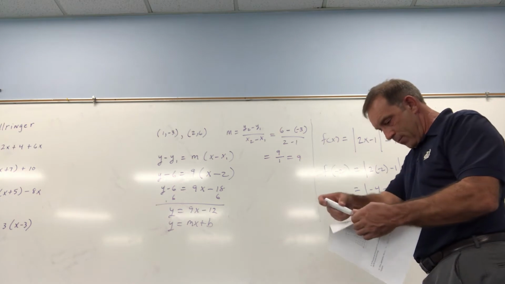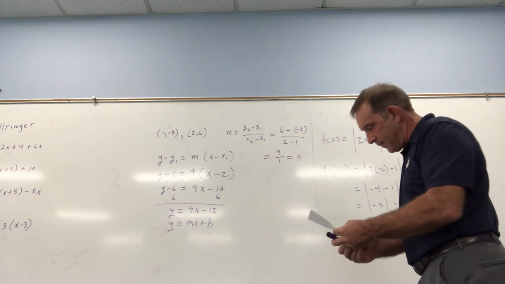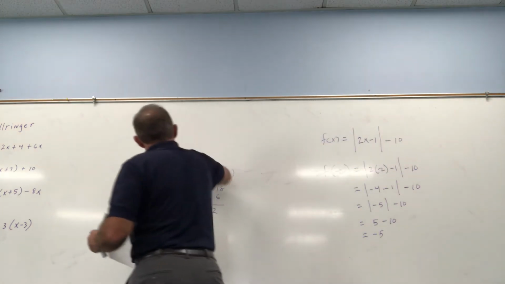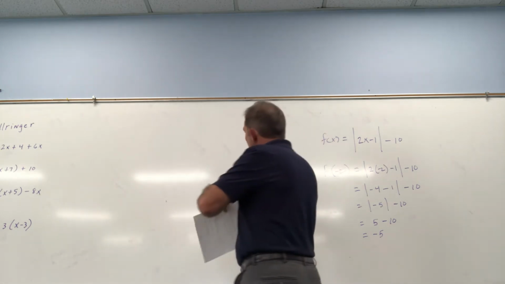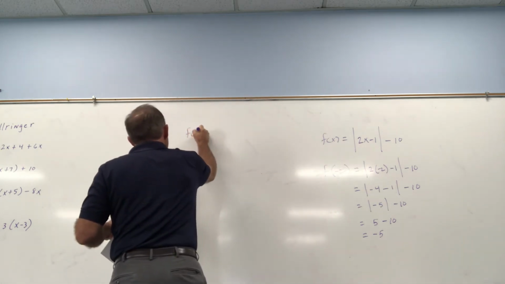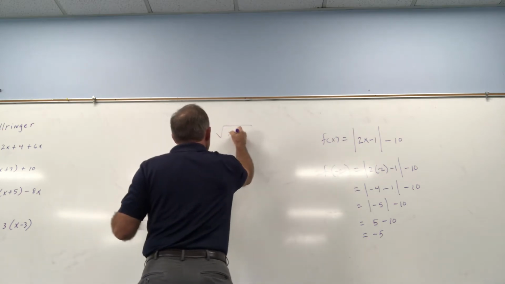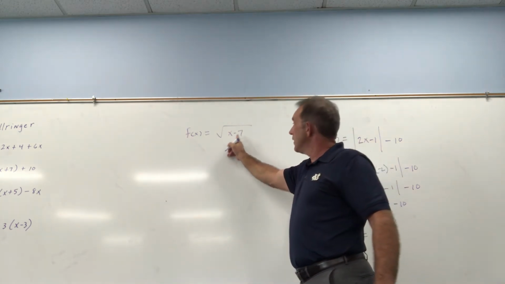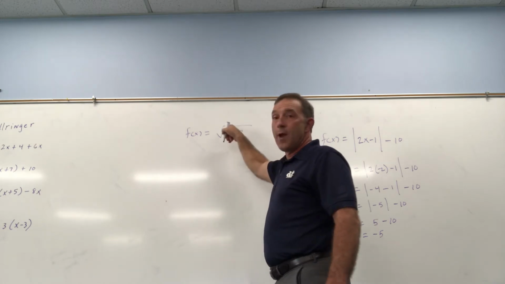Now on the third problem, we're going to use interval notation to show the domain of this function. So we've got the function f of x is equal to square root of x minus 7. Now, the domain is limited here because we can't have a negative under the radical.